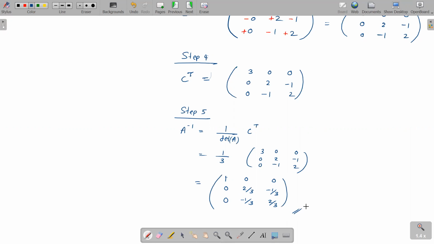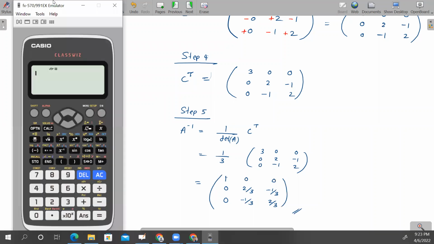This is okay. You could also get the answer from your calculator just to check it. Yeah, a 3 by 3 matrix also you can get the answer from the calculator. Let's do that as well. But you need to know how to do this manually. You can just check your answer.